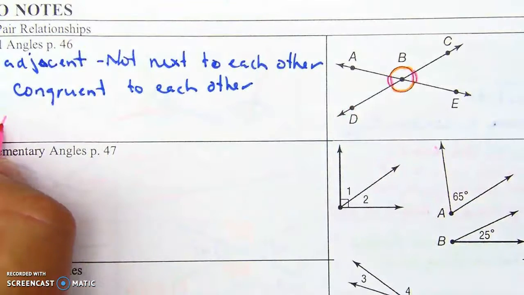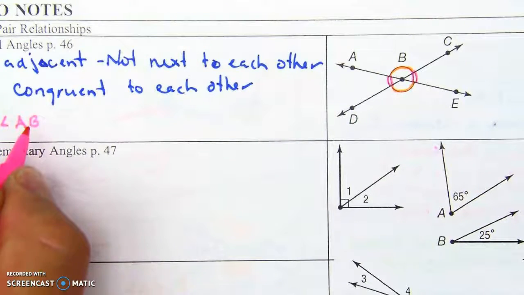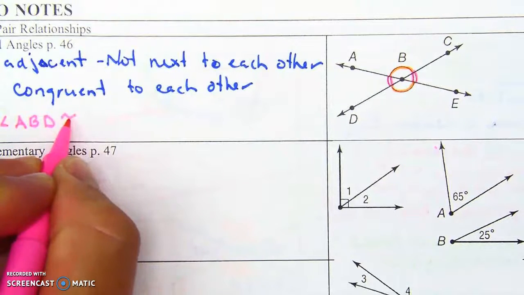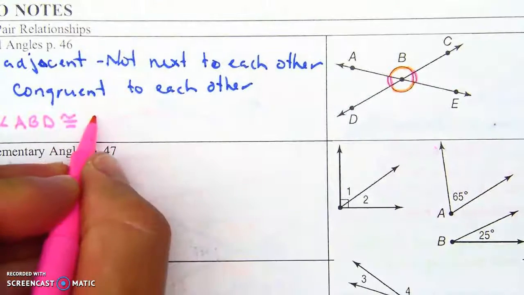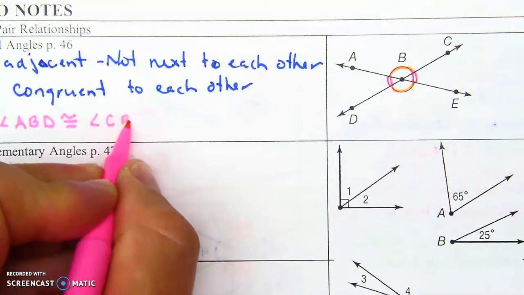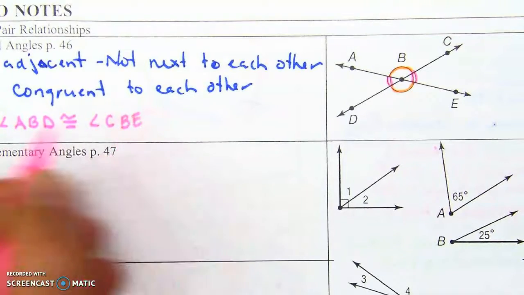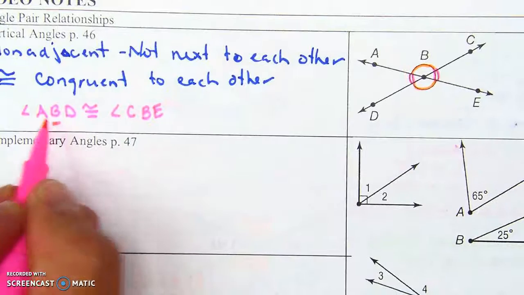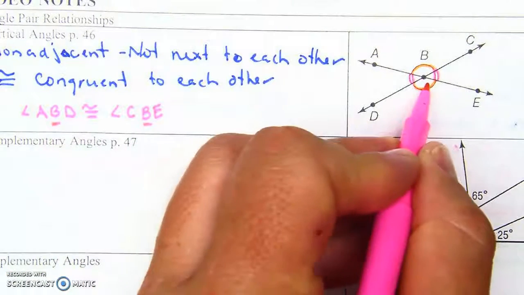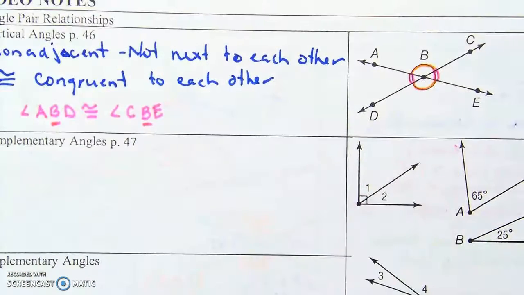We can go angle ABD is congruent to angle CBE. I wanted you to notice something that I put in here too, is that the middle letter again is the vertex that we're dealing with here, okay?